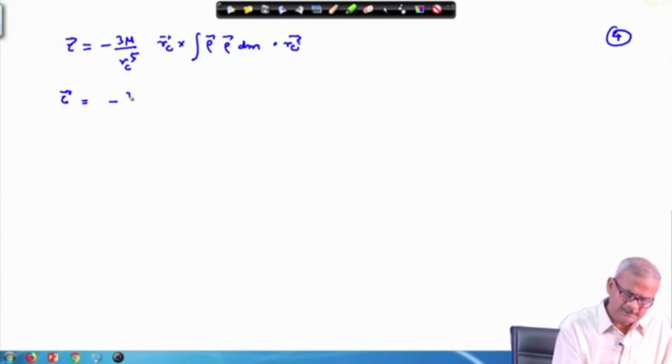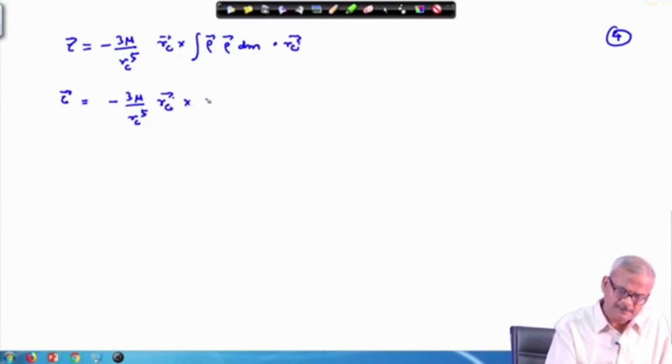So, in that case this gets reduced to R c to the power 5, R c cross. Now, this part we have to replace.